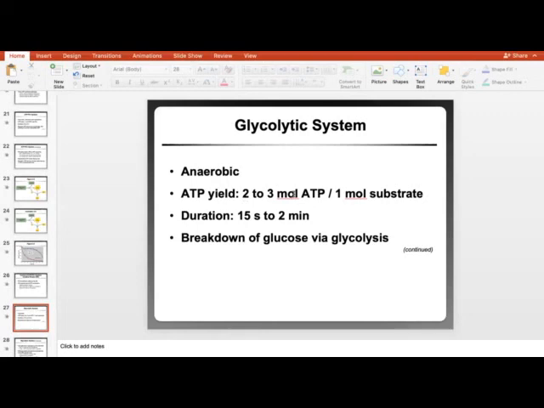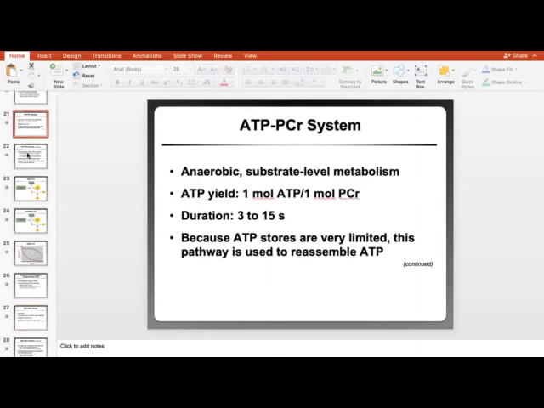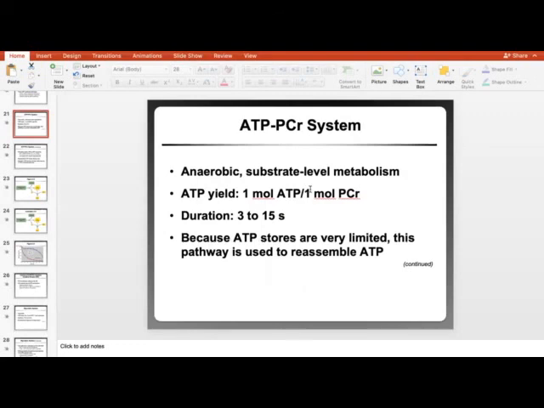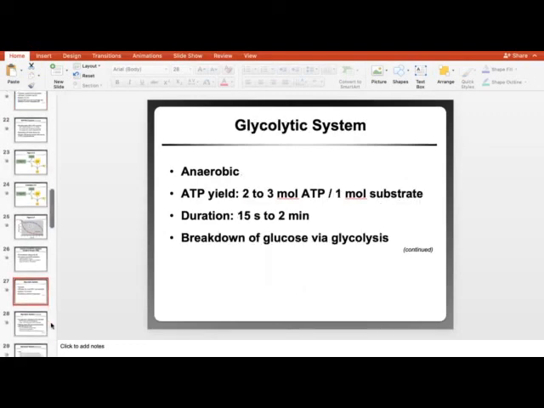In any event, 2 to 3 times the amount of ATP using sugars is much more effective than breaking down into 1 mole of ATP for phosphocreatine. Well, that's why human beings and other animals utilize sugars for fuel, because you get more fuel for every mole of this substrate. So it's a better thing to use. All right, so let's go take a look here.